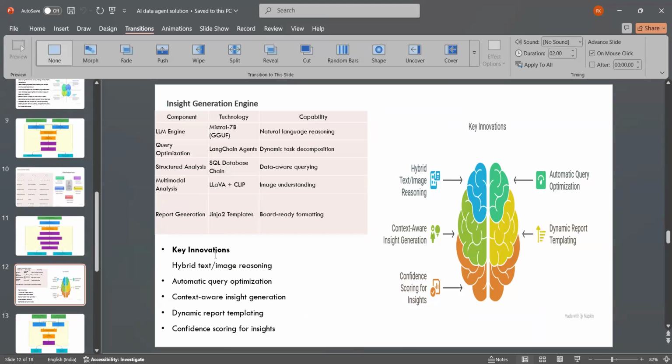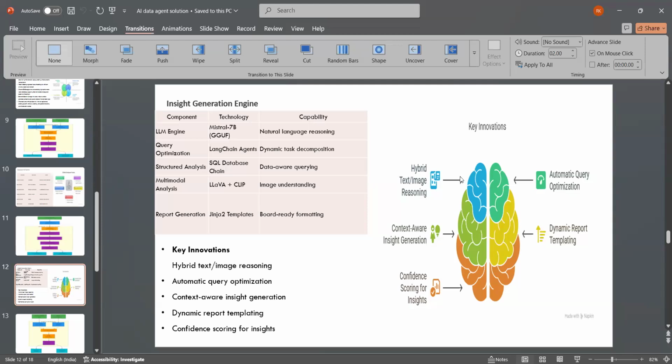Now we come to the key innovation. The key innovations are hybrid text-image automatic query optimization, context-aware insight generation, dynamic report templates, and confidence scoring for insights. Here I'm trying to show this in my pictorial diagram.